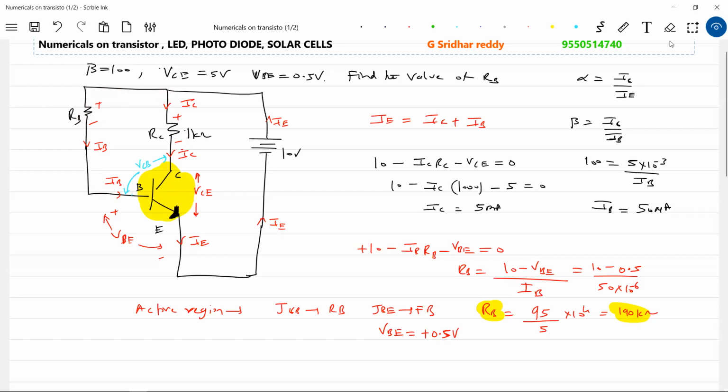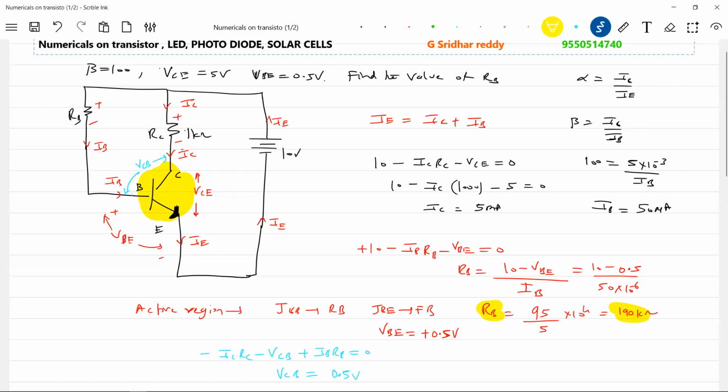This should become equal to minus ICRC minus VCB plus IBRB equals 0. Anybody value? 0.5. Okay, now VCB I got 0.5 volt.